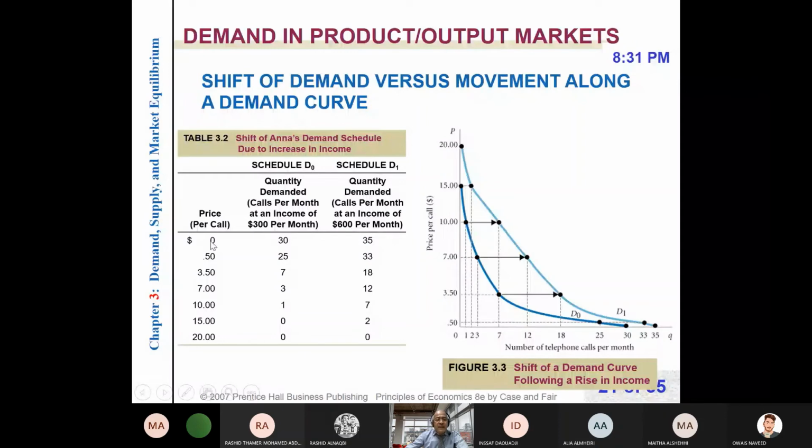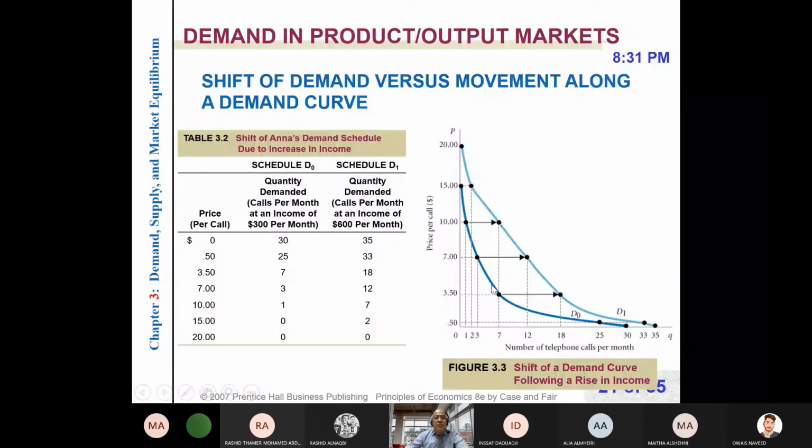As the price increases, quantity demanded decreases. If the price jumps to 15, I will call my mom 0 times. Upload the data from the first and second columns, load them on a graph, connect the dots, you will get a demand curve.